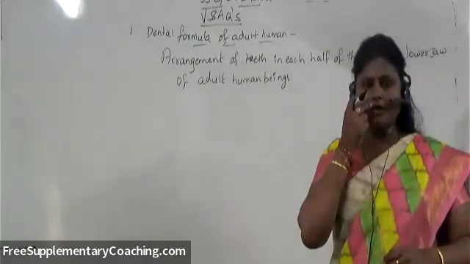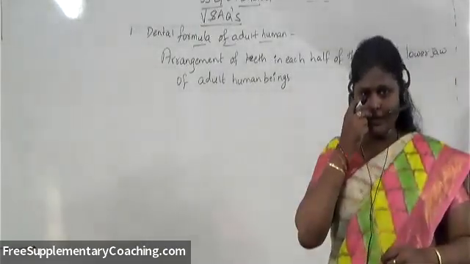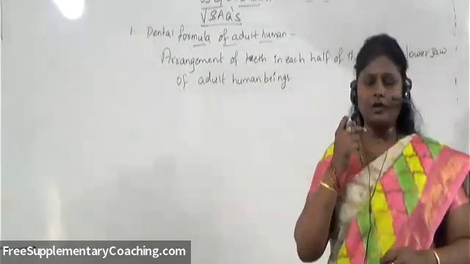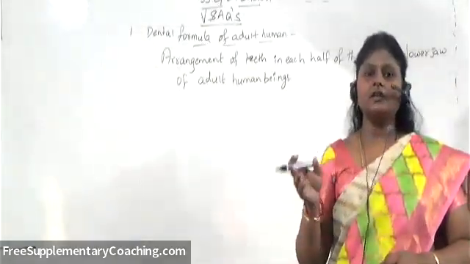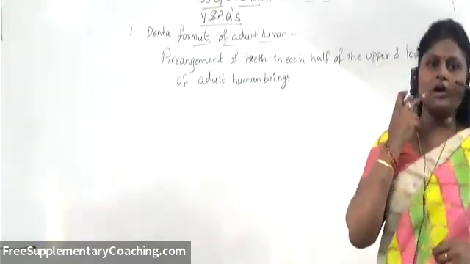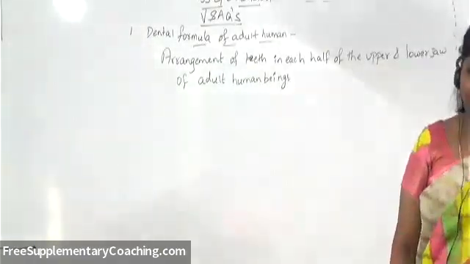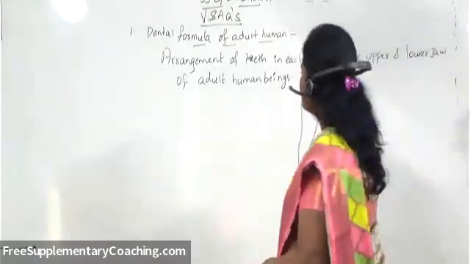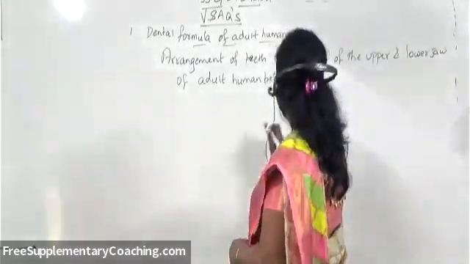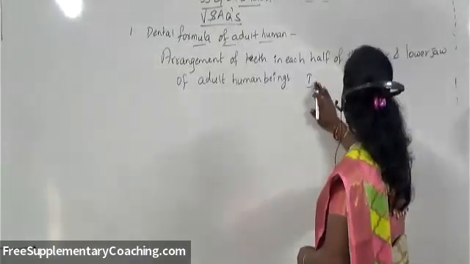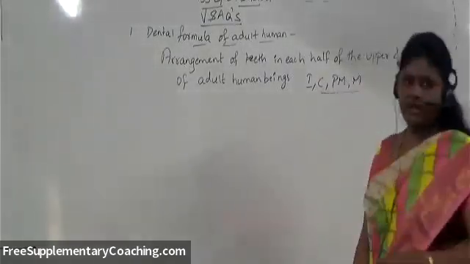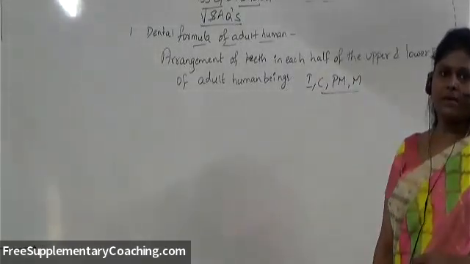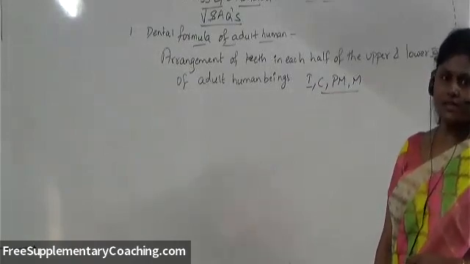In the upper jaw, if you take only half, how are the teeth arranged, and how many are there? That arrangement is in the order of incisors, canines, premolars, and molars.